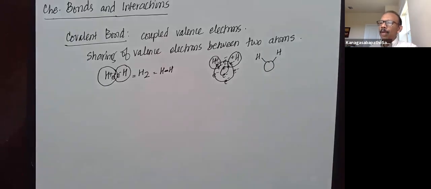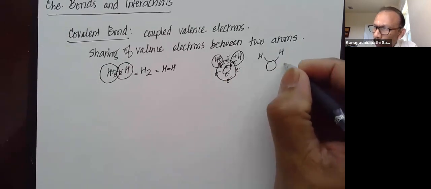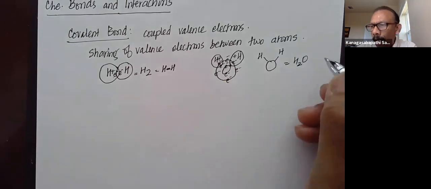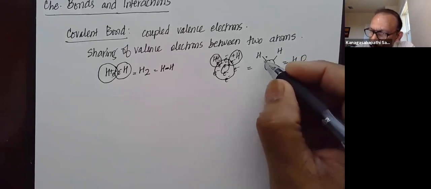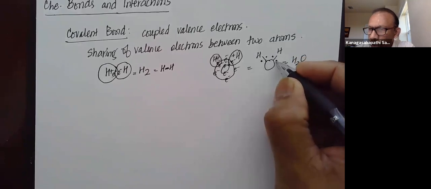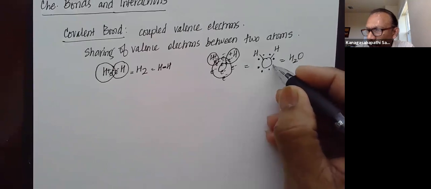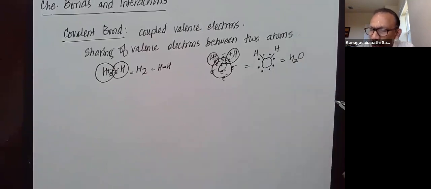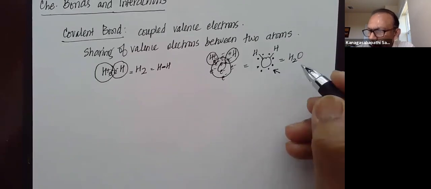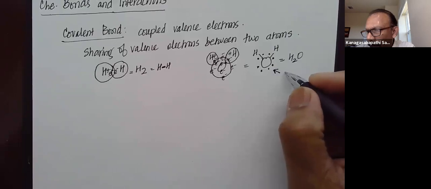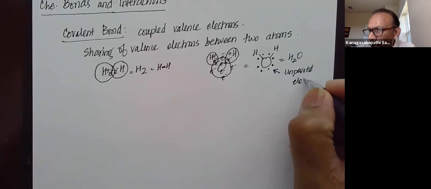There's another way of drawing this water molecule, H2O, called the Lewis dot structure. Two electron pairs are being shared with the hydrogens, and there are two pairs of electrons that are not shared, the unpaired electrons.